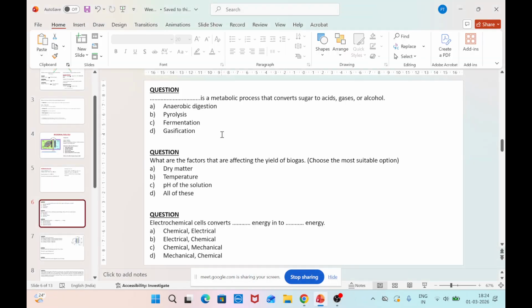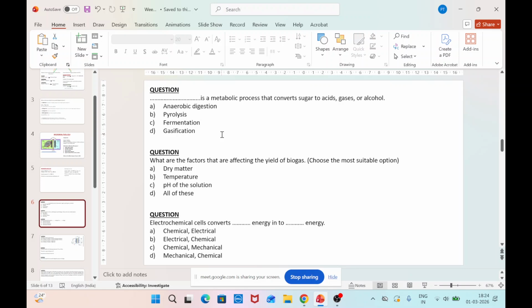In case of anaerobic digestion, we take biomass and then that biomass undergoes hydrolysis, acetogenesis, and methanogenesis. You never get alcohols from it.